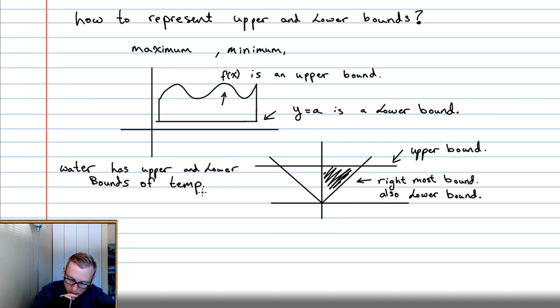Functions have upper and lower bounds if you are going between them, doing the area. What else? What else can we put?